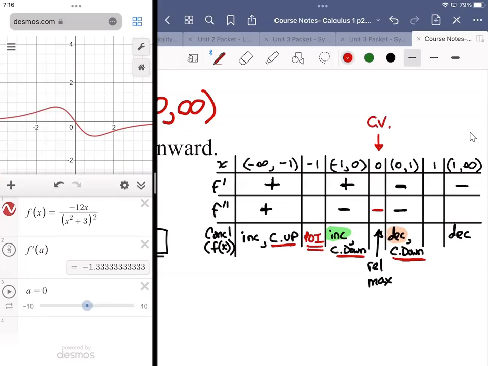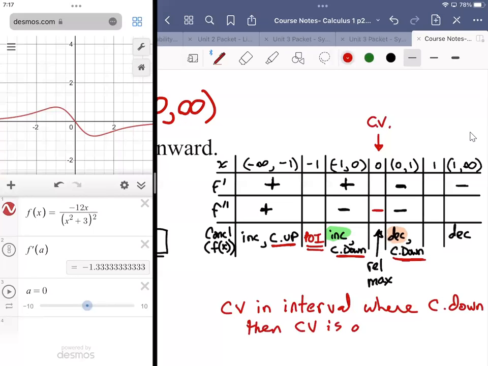That second derivative that's negative implies that it's concave down, or suggests that it's concave down. All right. So if you have a critical value in an interval in which it's concave down, then the critical value is a relative max.